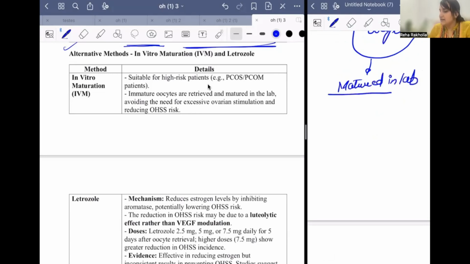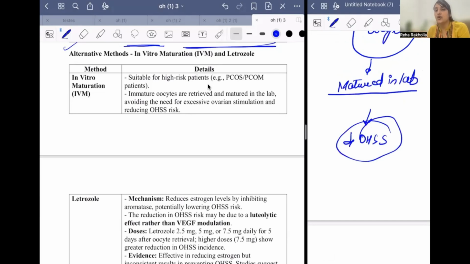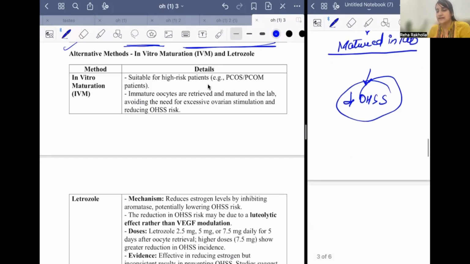This significantly reduces the risk of OHSS because the ovaries are not exposed to high hormonal levels. IVM is especially used for PCOS and PCOM patients who are naturally prone to OHSS. I have already given a lecture on IVM, with indications and all, so kindly see that.